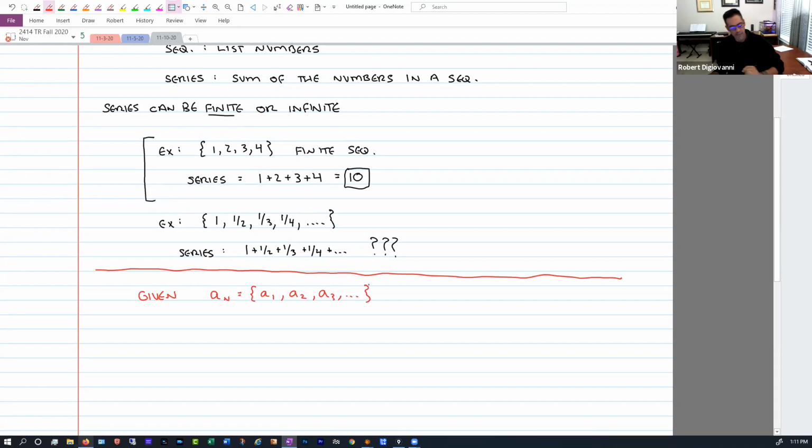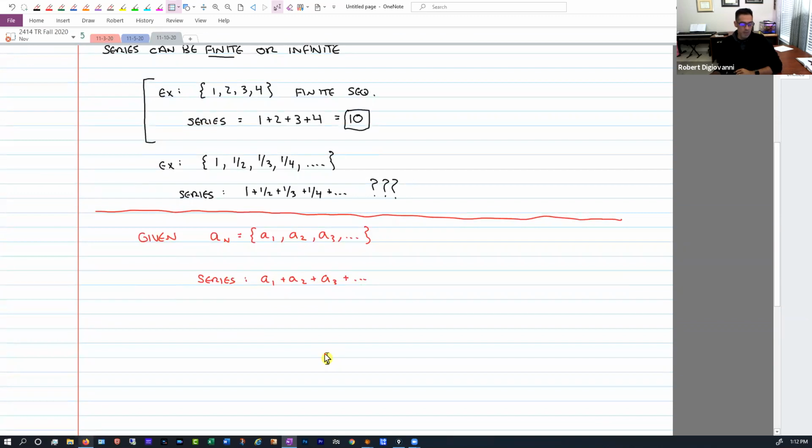The series for this would be A1 plus A2 plus A3 plus forever, right? This would keep going forever and ever. And so one of the first things we need to establish is a notation for this. And so what we're going to go back to is sigma notation.